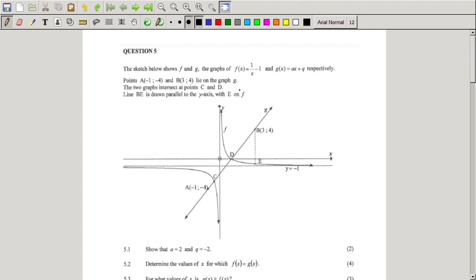We see it because it has the vertical asymptote at x equals 0, and it also has the horizontal asymptote at y equals -1. Now this one is in a linear form because it is to the power of 1. It is a straight line function.